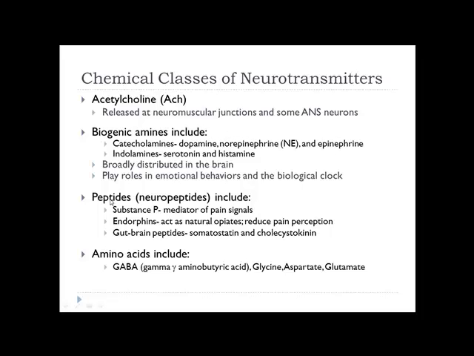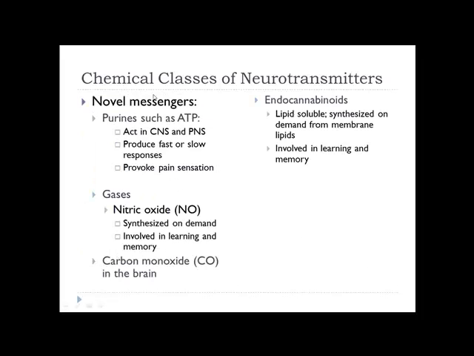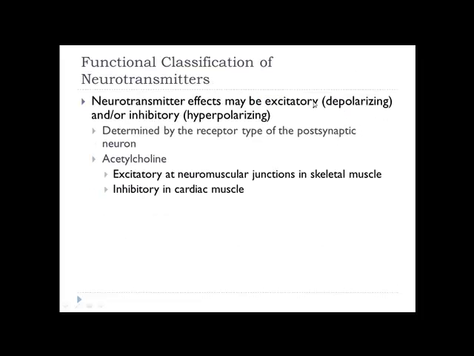We get our peptides, which could be like substance P, endorphins, alright? We get other peptides like somatostatin and cholecystokinin. Then we get our amino acids. Okay, we get novel messengers, so we could get like purines or gases, or we could get carbon monoxide, and we could get our endocannabinoids.